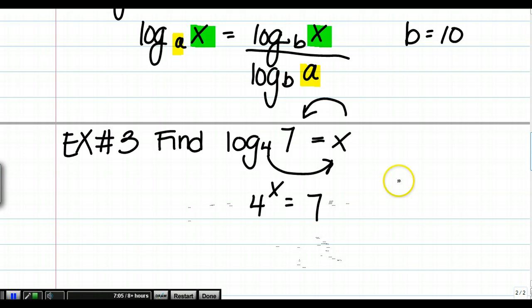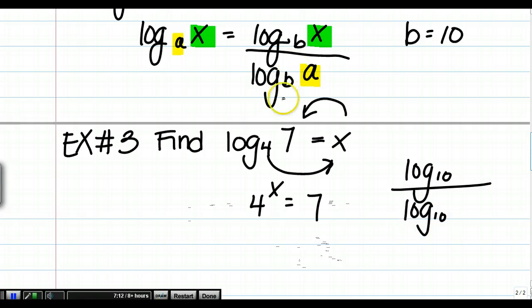So I could make it log base 10 over log base 10, because remember I said that b has to be 10. And remember the green goes on top, so this would be 7. And the yellow a for your base goes on the bottom, so this would be 4. So all you'd have to do is log base 10 of 7 and log base 10 of 4. And you would be done.